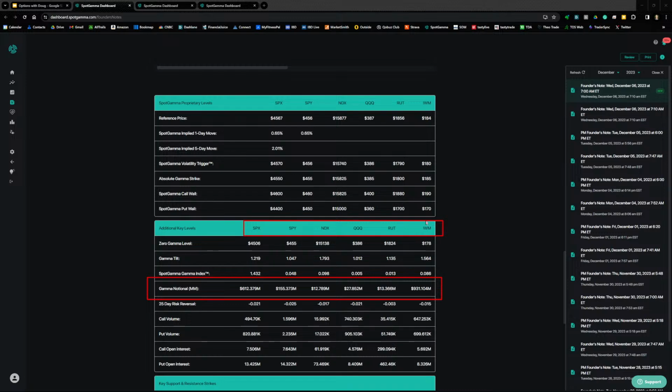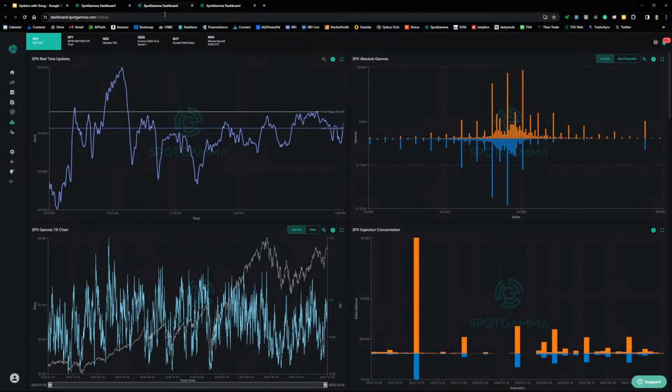So overall, the takeaway here is gamma notional for today, at the beginning of the day, is still positive for the S&P 500, NASDAQ, and Russell 2000. So let's take a look at the Vanna model to get a graphical representation of what that means.